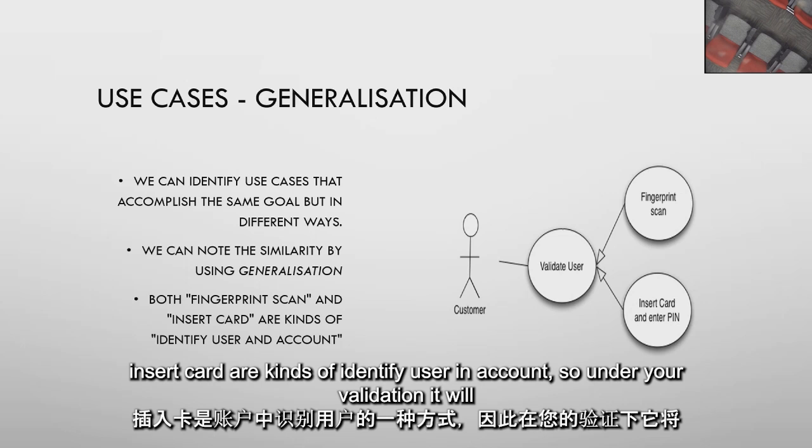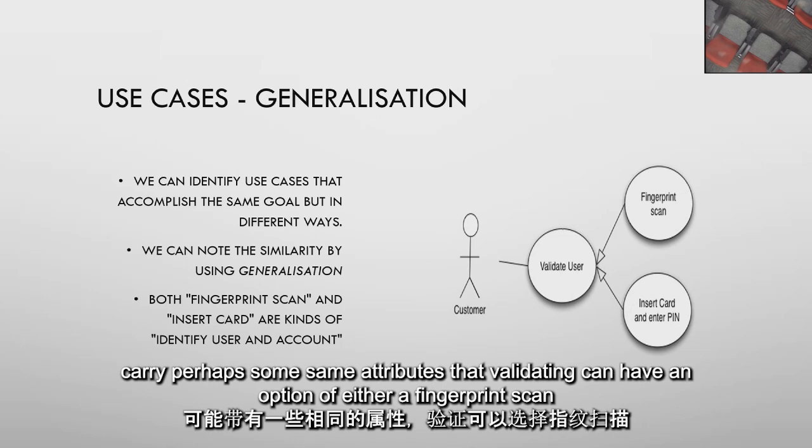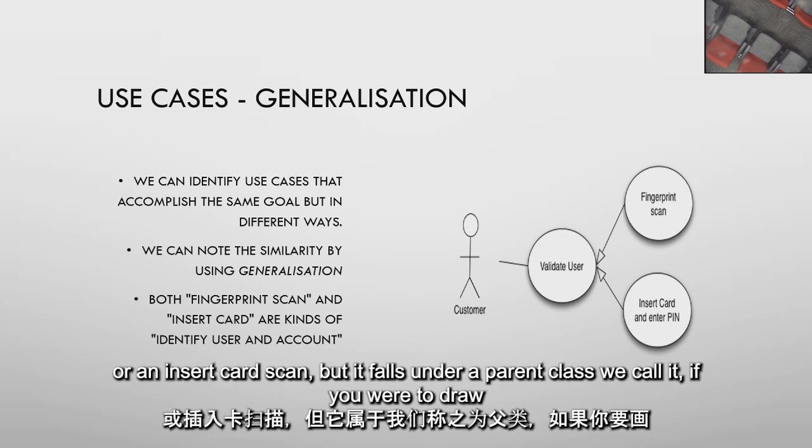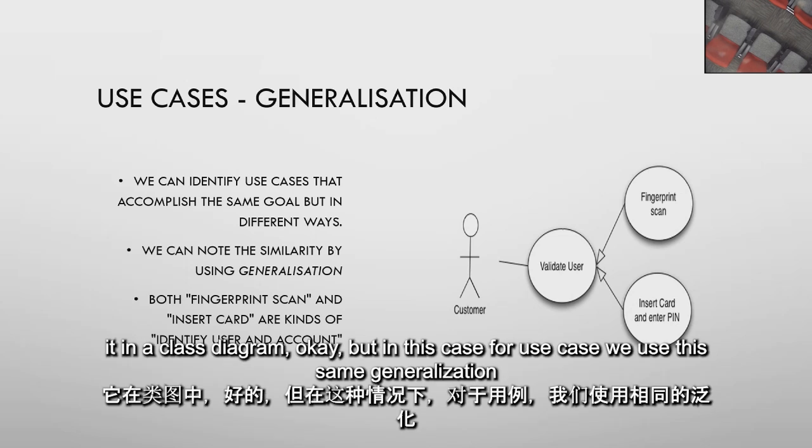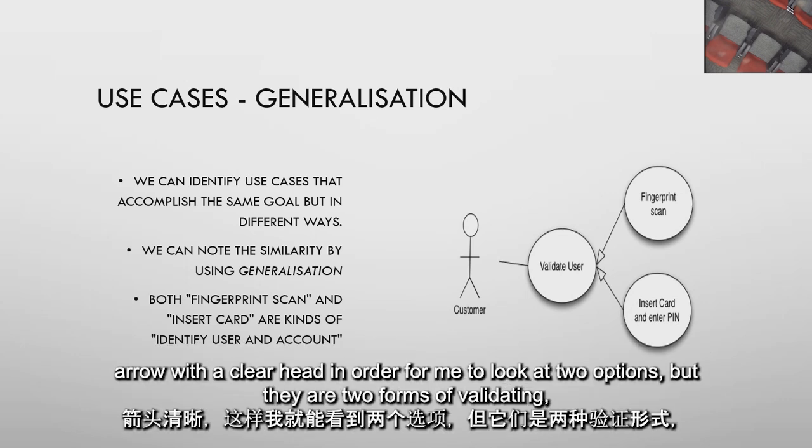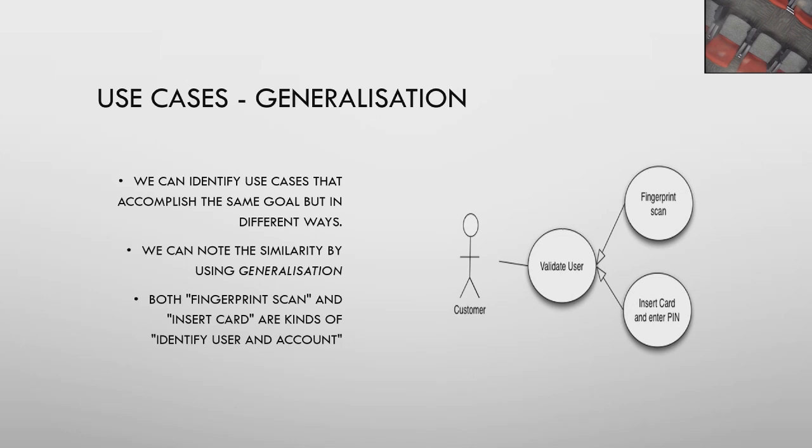So under your validation, it will carry perhaps some same attributes, that validating can have an option of either a fingerprint scan or an insert card scan. But it falls under a parent class, we call it, if you were to draw it in a class diagram. But in this case, for use case, we use this same generalization arrow with a clear head in order for me to look at two options. But there are two forms of validating, right?